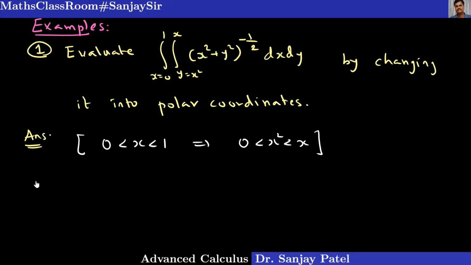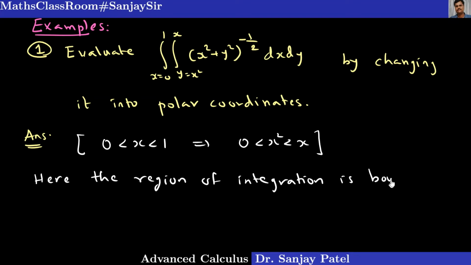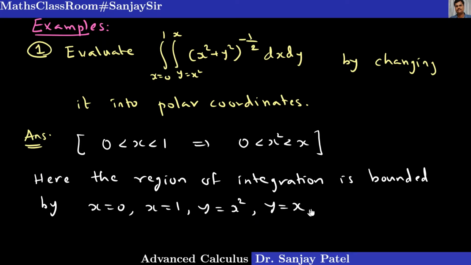Okay, so here the limits of integration, or the region of integration, you can say, is bounded by the four curves x equal to 0, x is equal to 1, y is equal to x square, and y is equal to x.